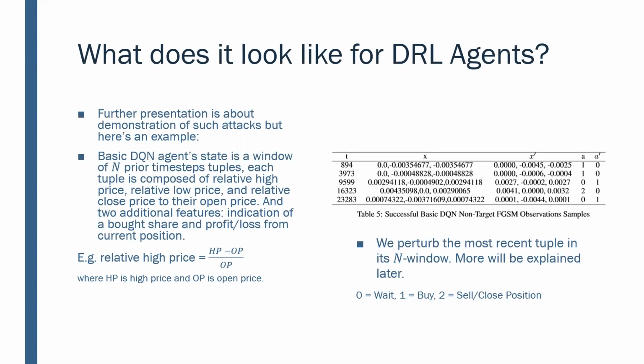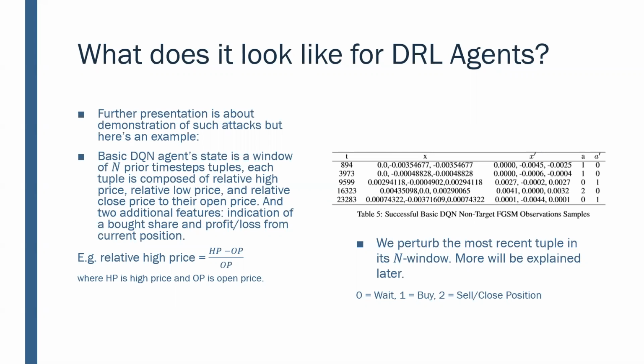On the right of this table is an example. I pulled up these samples of successful non-targeted FGSM attacks on one type of DQN that we were using. I want to emphasize that these adversarial attacks are extremely close in value to their original counterparts, but their actions are different. If we look at the third line down, we have a value that's really small, a value that's negative, and a value that's the same as the first.